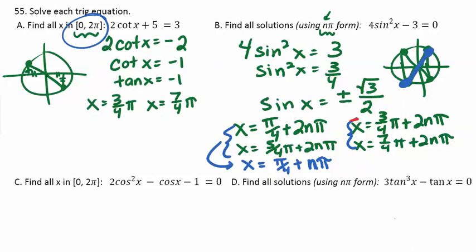If I switch colors, look at these two, 3/4 pi here and 7/4 pi. Do you see the same logic? Those happen to be exactly 1 pi apart. They are a semicircle apart from each other. So instead of doing them separately and adding an entire circle, we could start with the first one and just add semicircles.